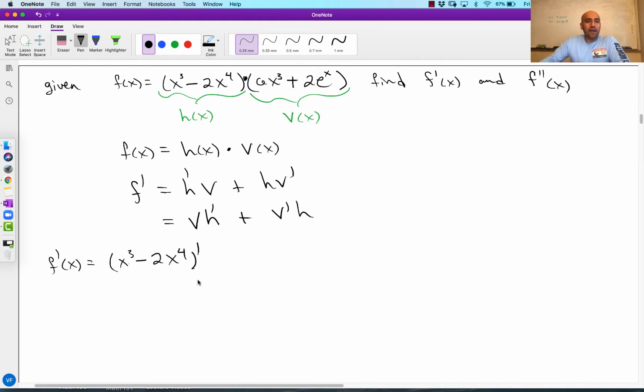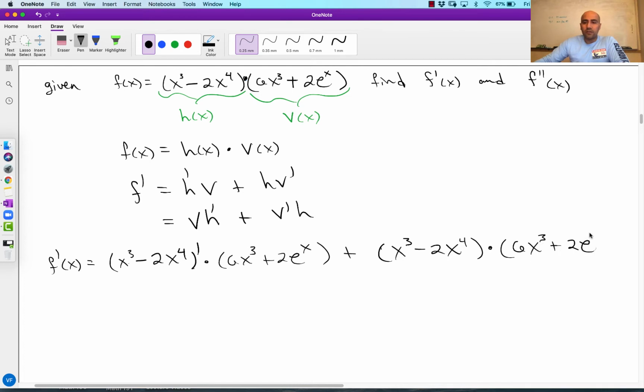Take the derivative of that, times 6x cubed plus 2e to the x, plus, and now I'll copy it again, x cubed minus 2x to the fourth, times 6x to the third plus 2e to the x, and then the derivative of that, right?